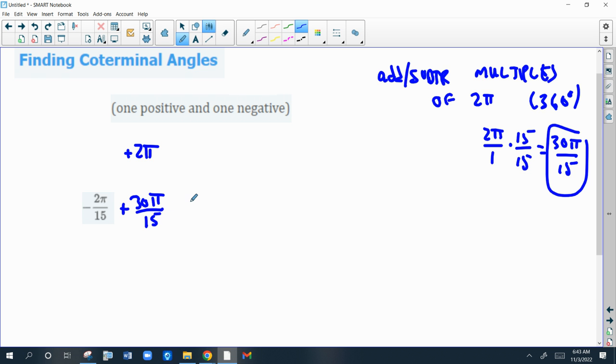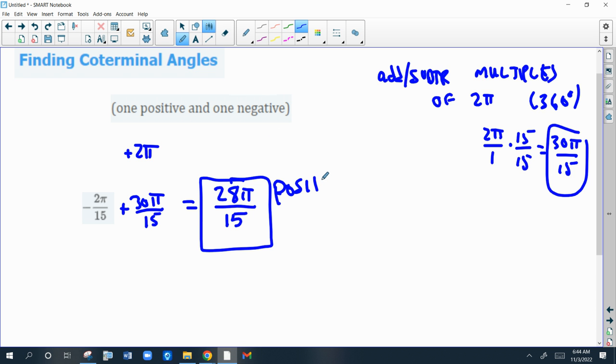I have a common denominator here, so just add the tops. Negative 2 pi plus 30 pi is 28 pi. The denominator remains the same. And that is all. It's that easy. That's the positive coterminal angle.